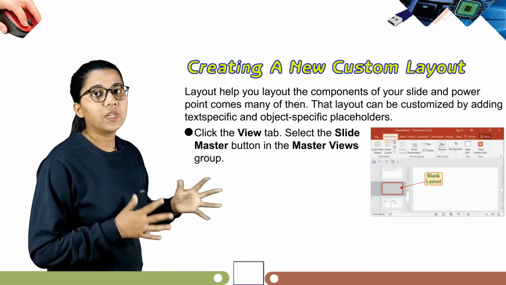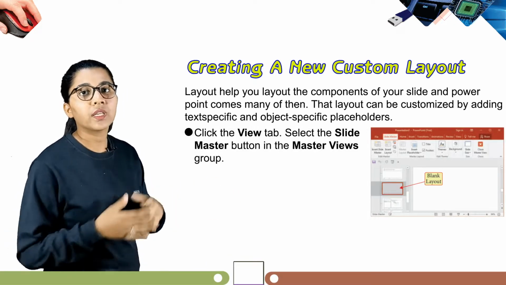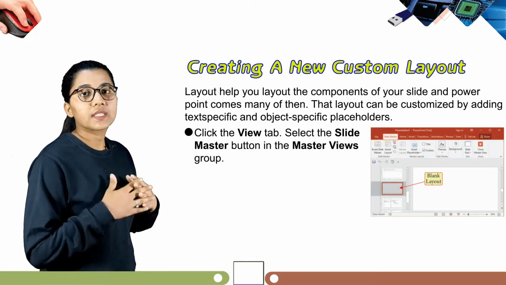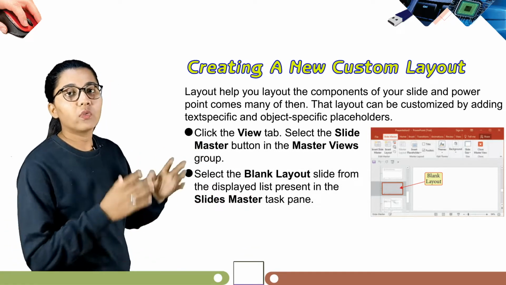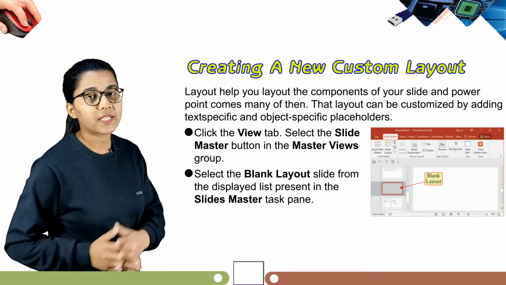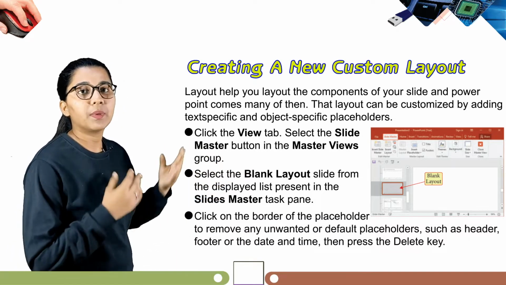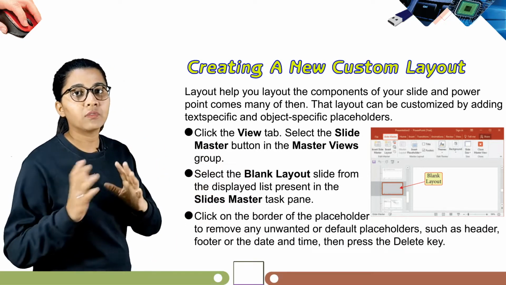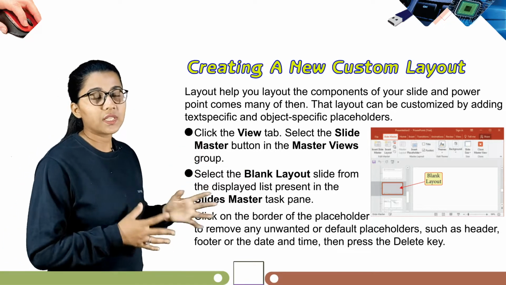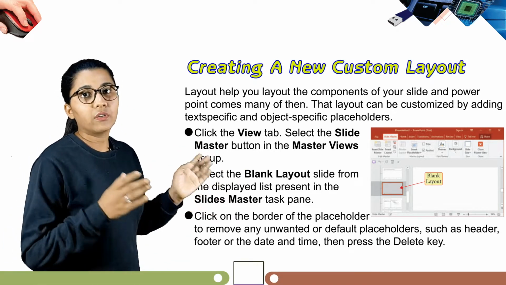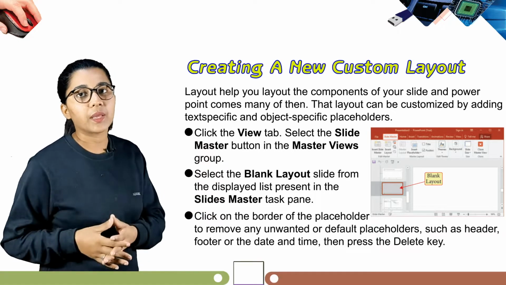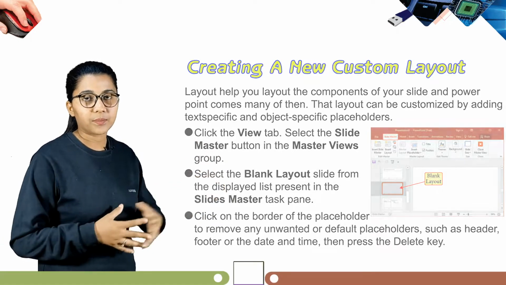Click the View tab, select the Slide Master button in the Master View group. Select the blank layout slide from the displayed list present in the Slide Master task pane. Click on the border of the placeholder to remove any unwanted or default placeholders such as header, footer or the date and time, then press delete key.